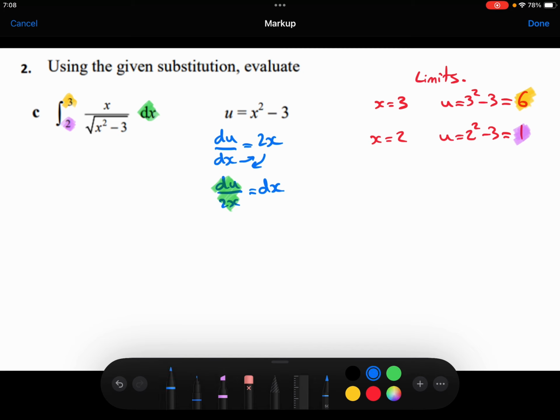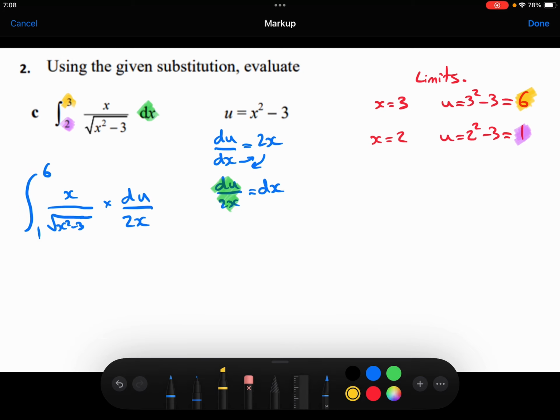Let's make those changes to this integral then. My upper limit is 6, my lower limit is 1. I'm going to leave the x over the x squared minus 3 for a moment. I'll change those into the u world in a second, but let's just change the dx first, because now I can see that the x here and the x here are going to cancel out.